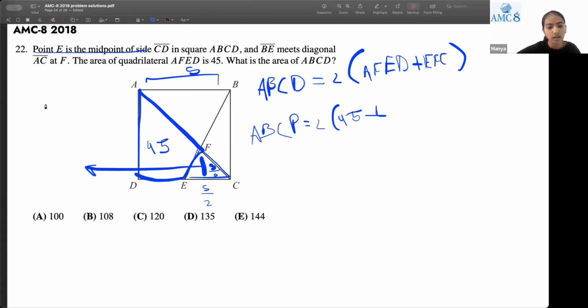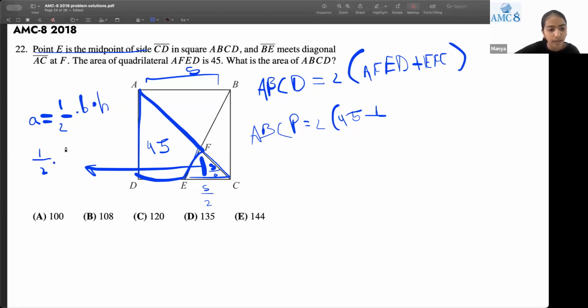And so to find out what this is going to be equal to, the area will be equal to, this is just a formula, area equals 1/2 times base times height. And so the area will be equal to 1/2 times, what's the base?